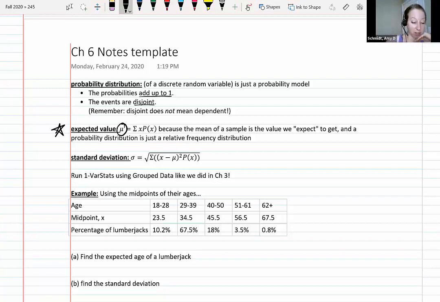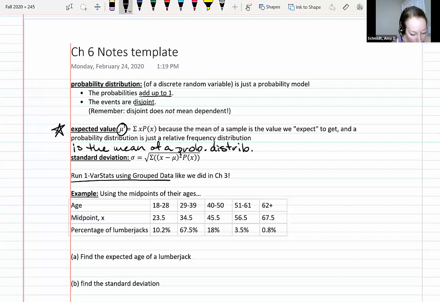It turns out that expected value is the mean of a probability distribution. But a probability distribution, which I'm going to abbreviate like this because I get tired of writing that long phrase, is just a relative frequency distribution, and we calculated means for those back in Chapter 3.